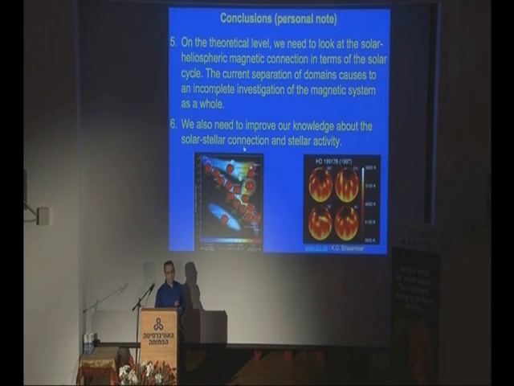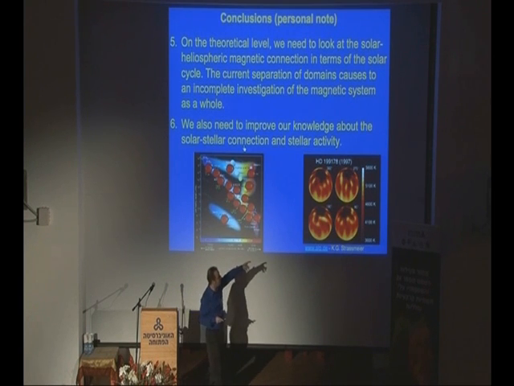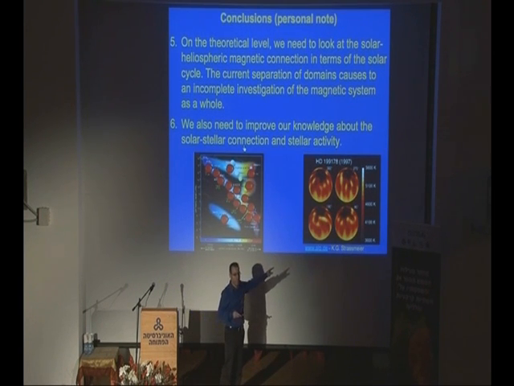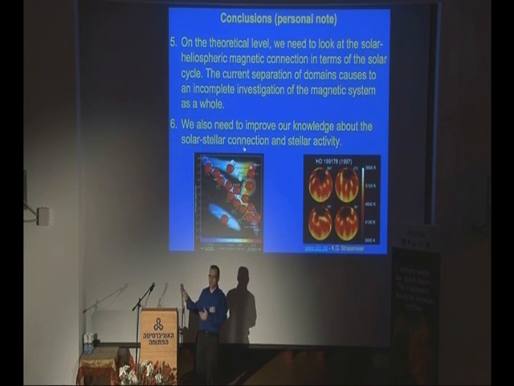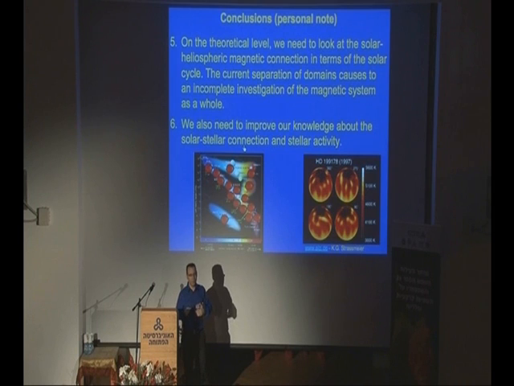And we also need to look at other stars. And this is another thing that is rarely done because other stars have activity too. And this is just a measurement of one example of a star, where we can measure magnetic fields and follow their activity. And we have a large amount of data from astrophysics about activity and cycles of other stars.